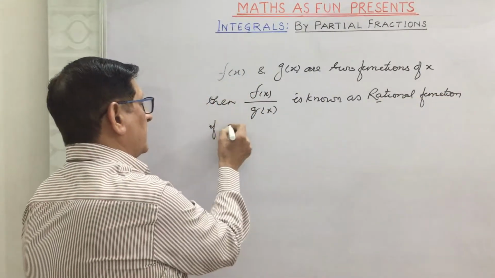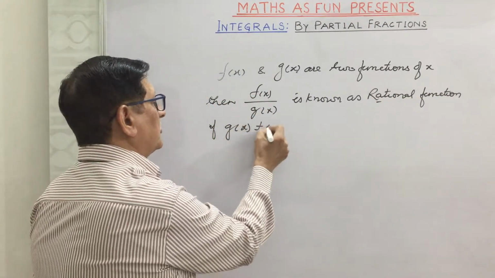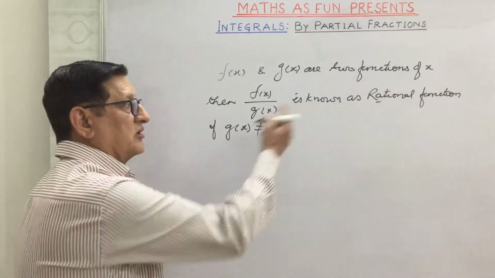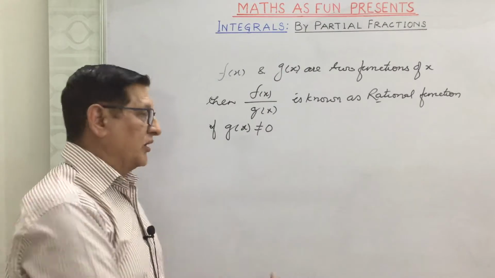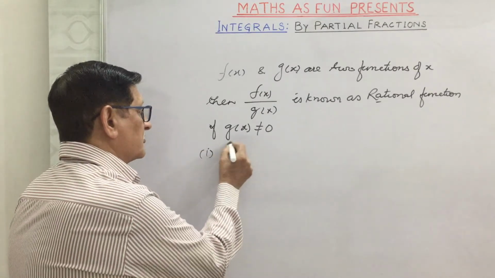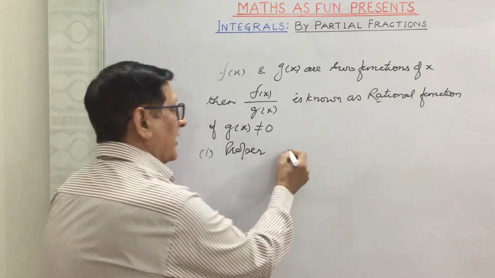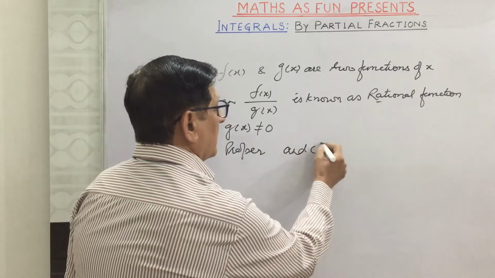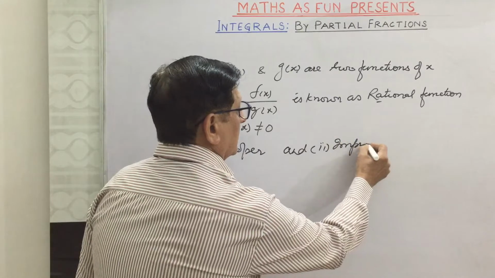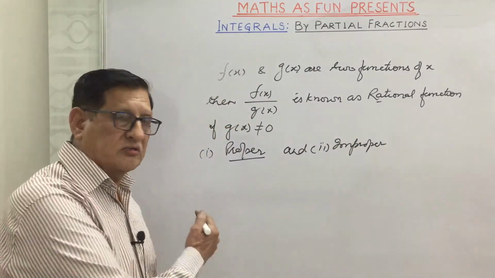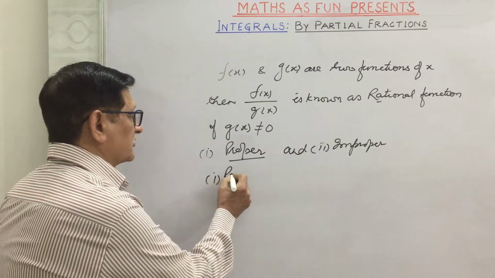If g(x) is not equal to 0, there are two types of rational functions. What are those? Number one is proper rational function and another is improper rational function. What is a proper rational function?